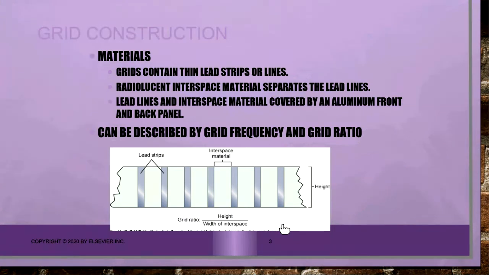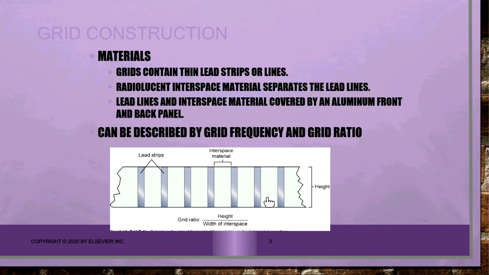The lower the grid ratio, the less lead content there is. It also means there is a wider interspace to allow more photons to pass through, so it does not clean up scatter as well as a high grid ratio. Now, a high grid ratio like 12:1 or 16:1 has more lead content.